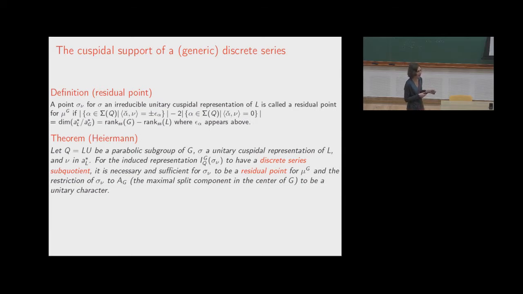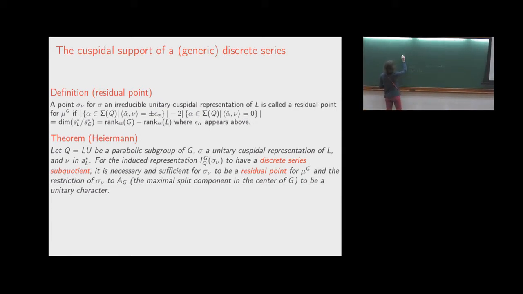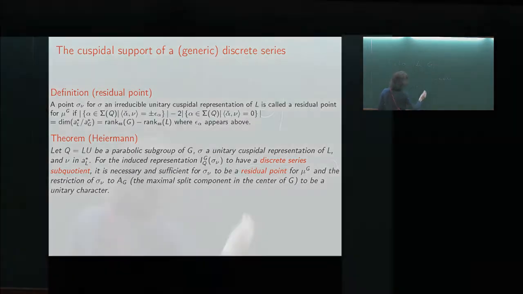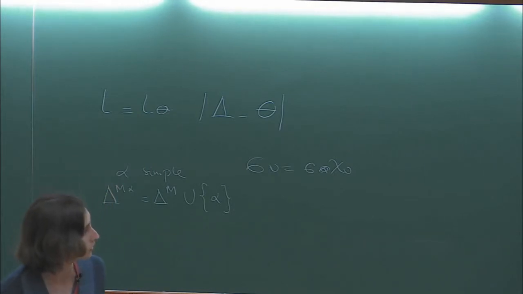Let's say this is L_theta, so theta are the roots in L. Basically, you are just looking at this cardinal. So this dimension in this context is equal to this cardinal, and you want the number of poles minus twice the number of zeros to be equal to this.